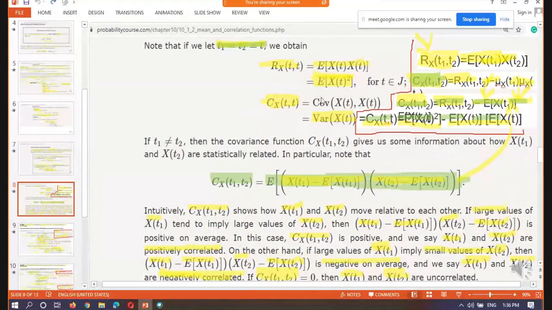If you want to know the variance of X(t), you just replace t1 and t2 by t in the given autocovariance, and you will get the variance of the process.